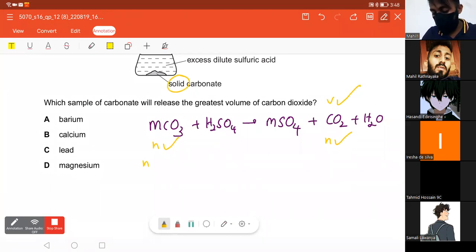n equals small m over capital M. If you want to get a higher number of moles, should the capital M, the molar mass, be low or high? High? Less. If capital M is the denominator, when it is low, the number of moles should be high.